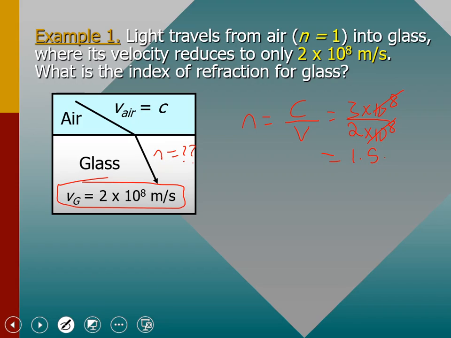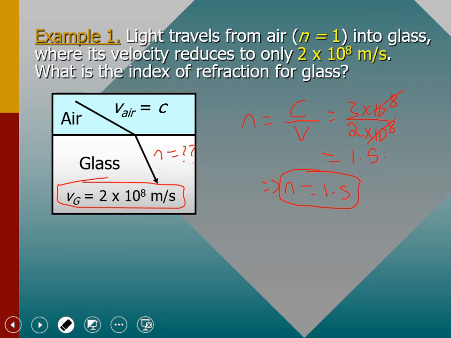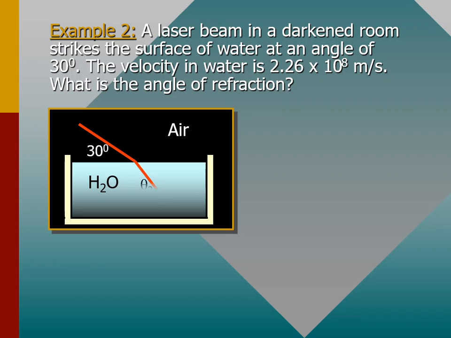N equals 1.5. And it's the index of refraction related to glass. And it's unitless, since the unit of the speed of light in vacuum or in air is meters per second, and the speed of light in glass is also meters per second, so it cancels out.